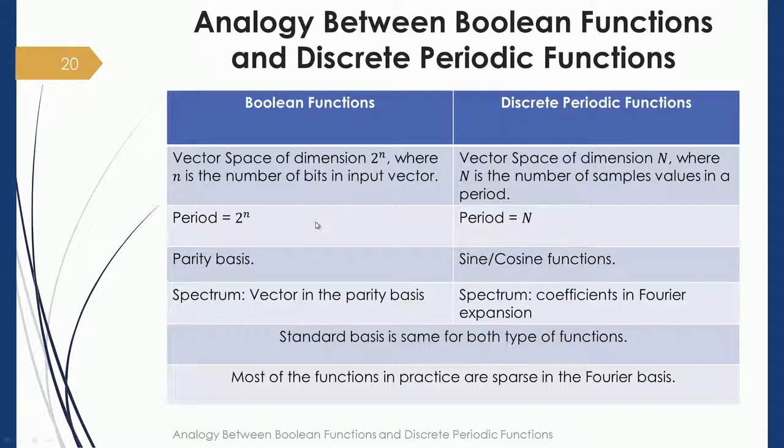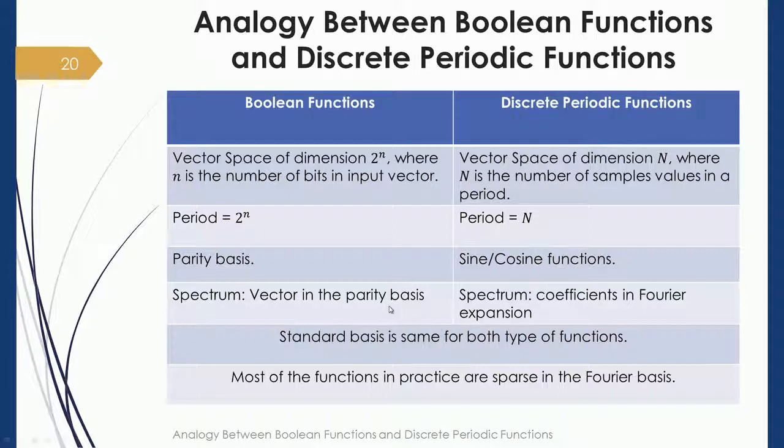Of course, the Fourier basis for each of these vector spaces is different. For Boolean functions, we used parity functions as the basis functions. For discrete periodic functions, however, we used sinusoidal functions.